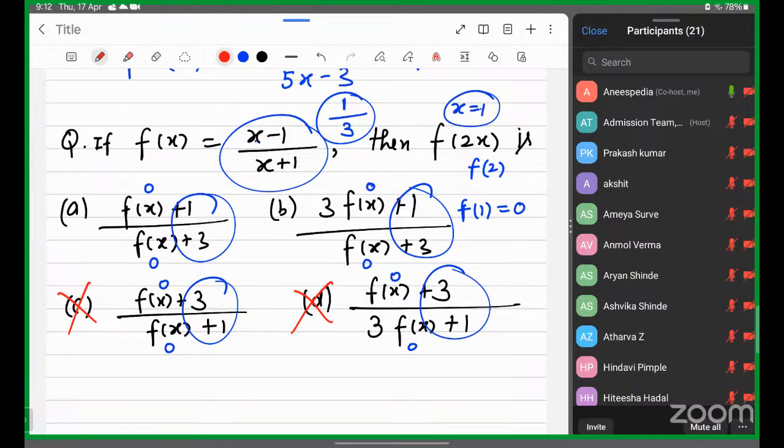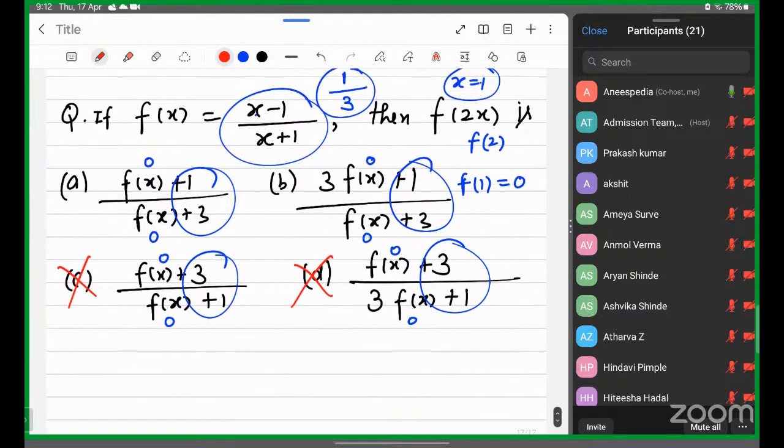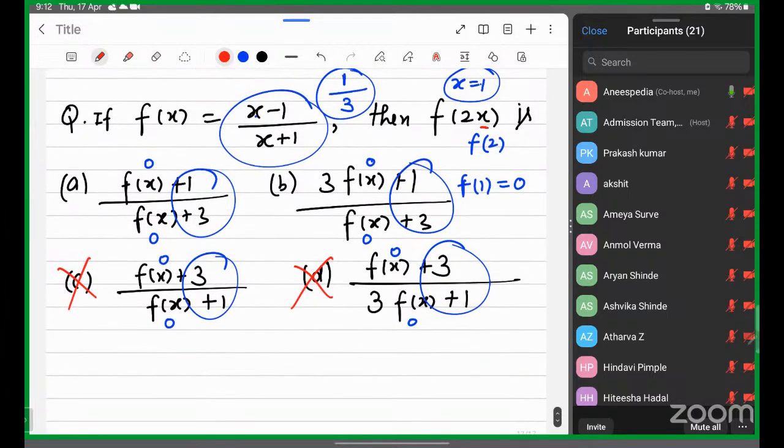So let's say I take x equals 0. In this case, x equals 0 will give f of 0, and from here f of 0 will be minus 1. So which option will give me the answer minus 1 on putting 0? If you put 0, this will give minus 1, and this will be minus 1 plus 1, which is 0.